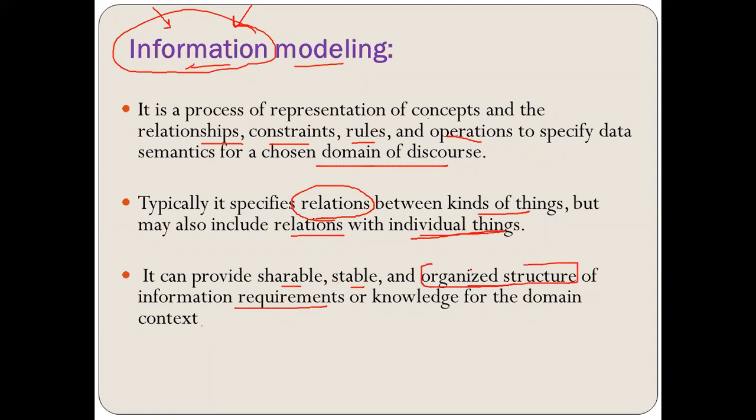So basically, I can also say that this is going to be presenting a logical structure or a logical design for a specified project or for a specified knowledge of domain. So this is what the information modeling does.